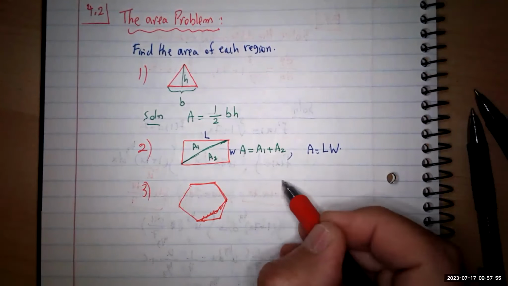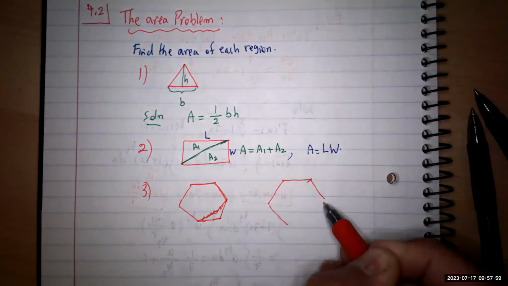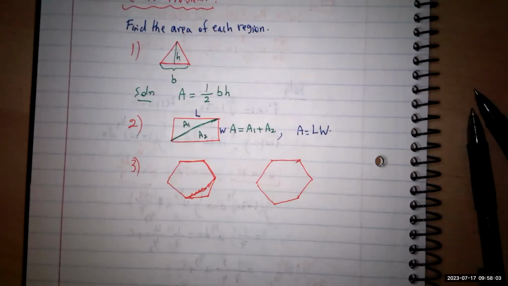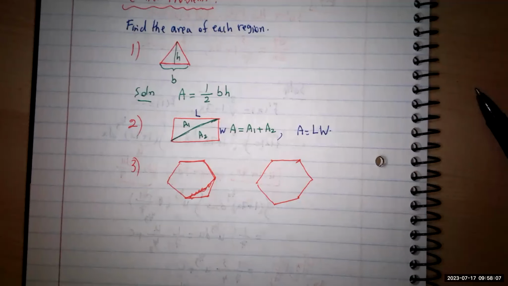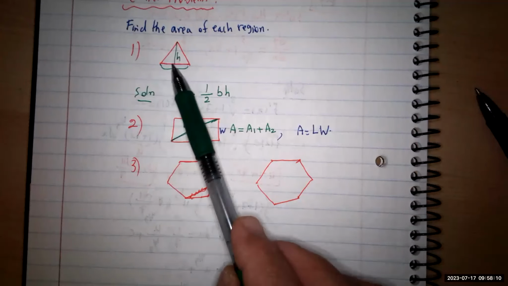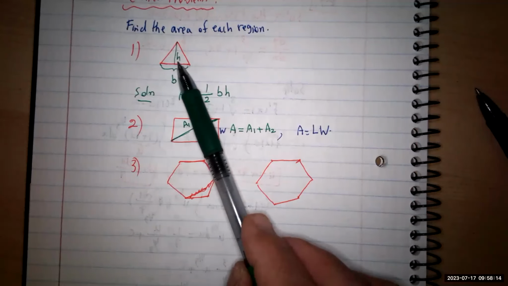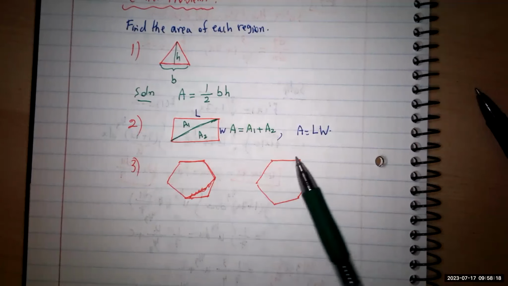I can draw it again. Again, we know that there is a formula for this one, but we don't want to use it. Suppose we know how to find the area of a triangle. So knowing this, how can you find the area inside this polygon?